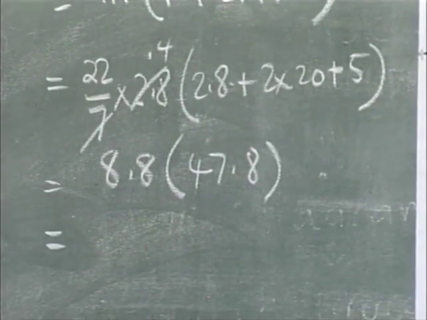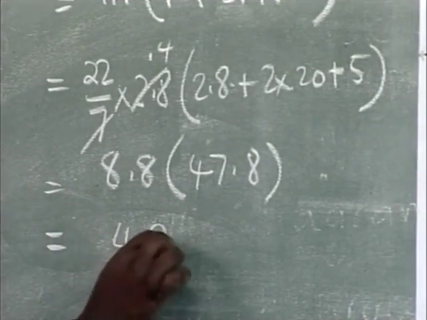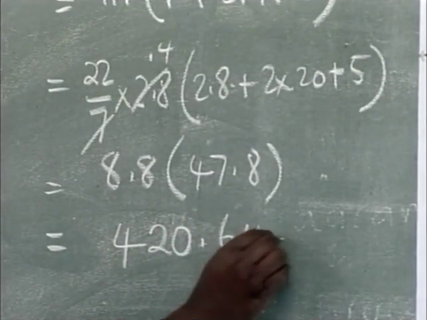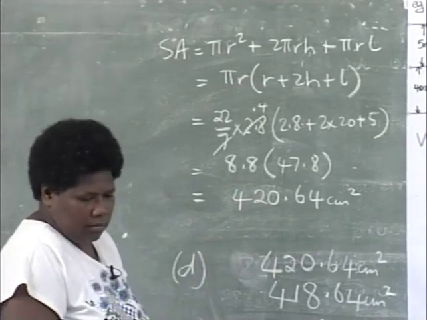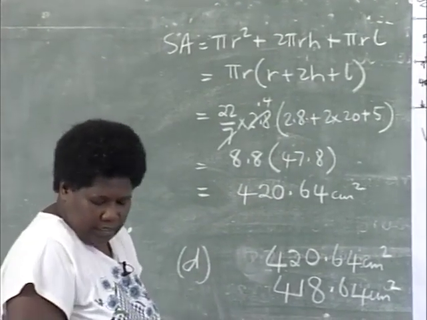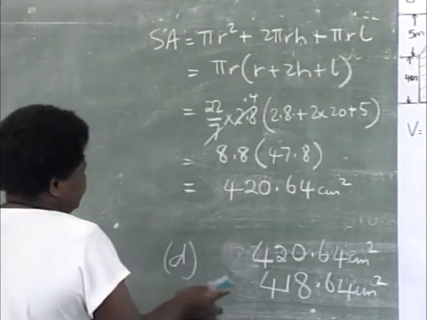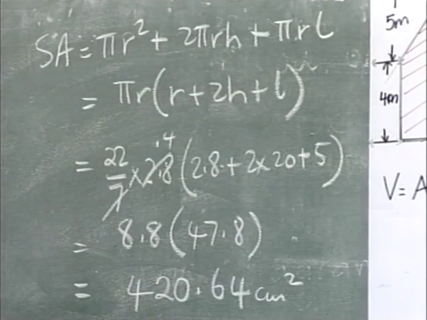What do we get? 420.64. If you have a different answer, check where you've made the mistake. All right, that's question 2D.